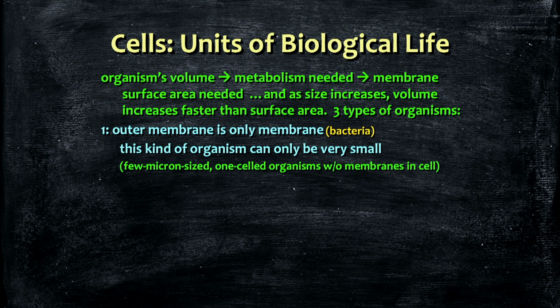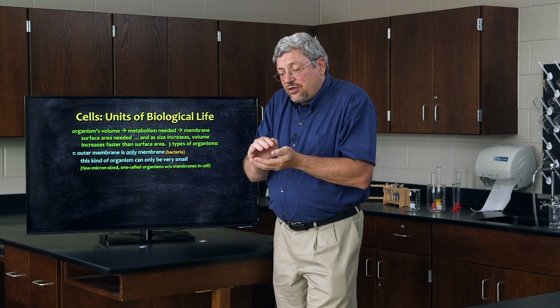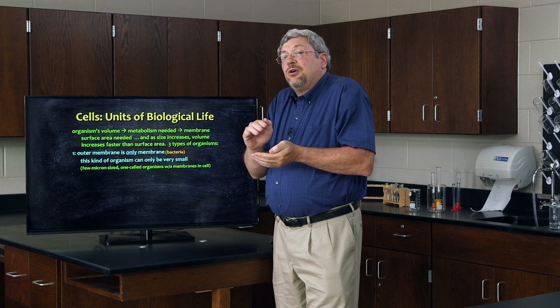They do all their metabolism, they produce all their energy, they produce all their macromolecules, they break down all their macromolecules, they do all their metabolism on the outside membrane of the cell. Because they're restricted to doing it there, those kind of organisms can only get so big.